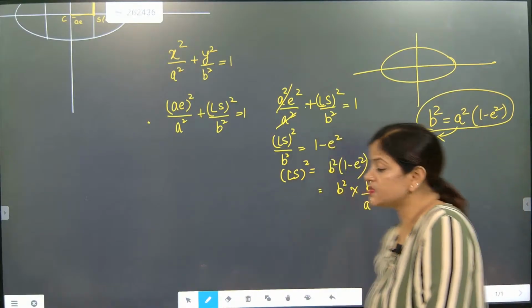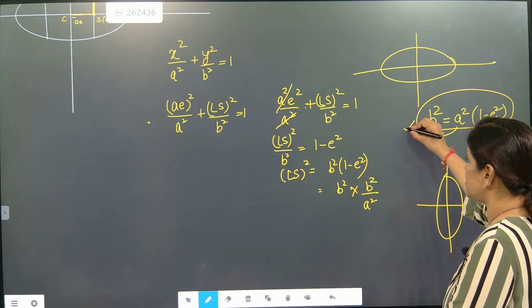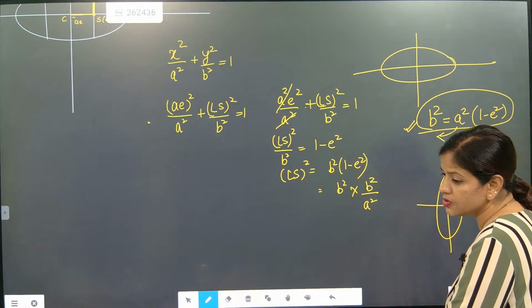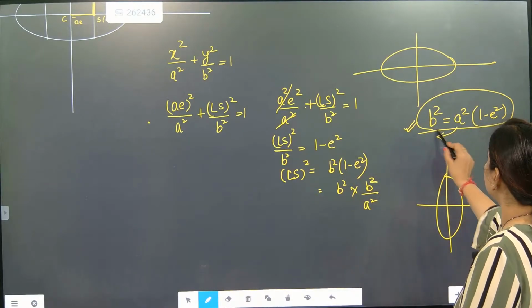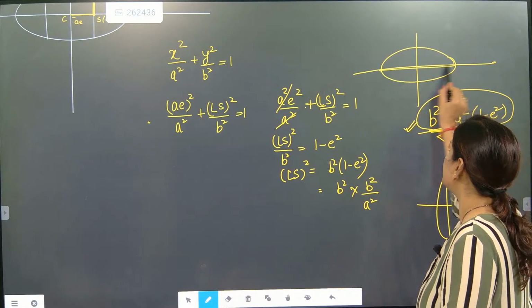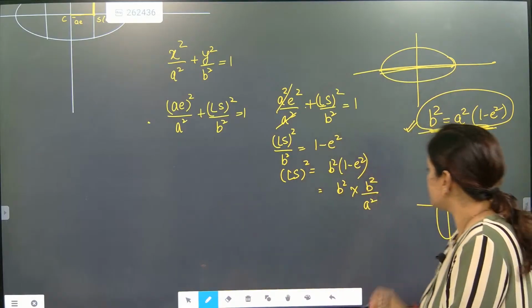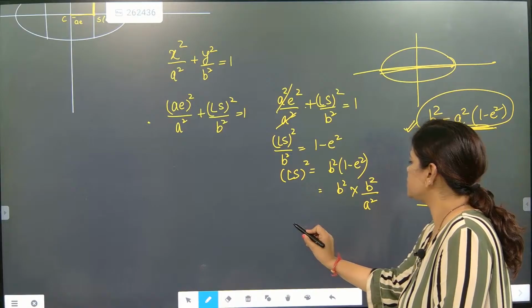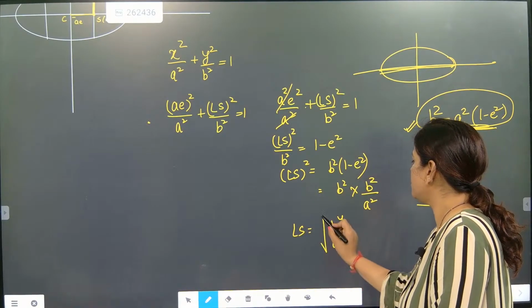When the ellipse changes its location, this equation will also change. Always remember, this case only applies when the major axis of the ellipse is on the x-axis. So LS will become b square by a, root under.